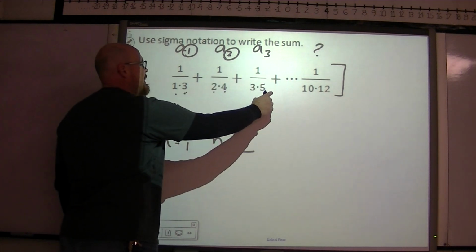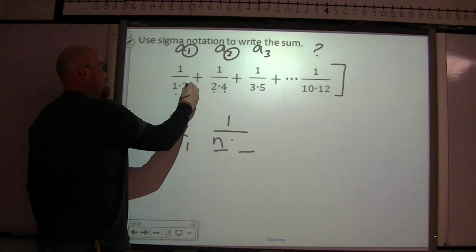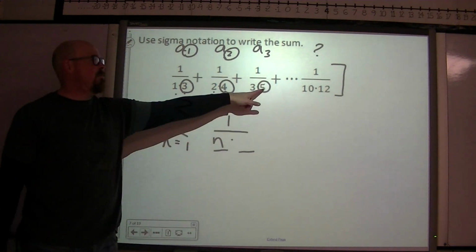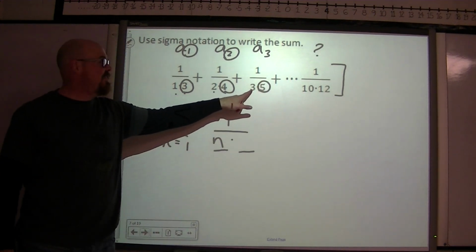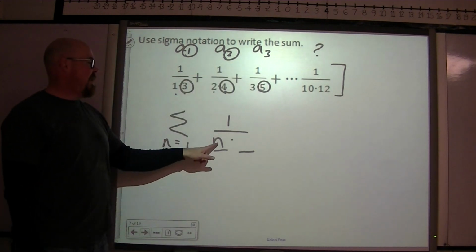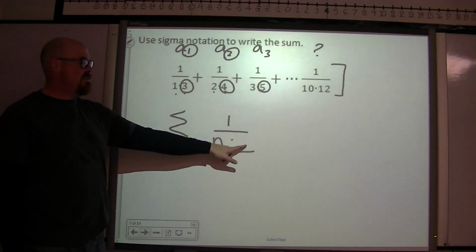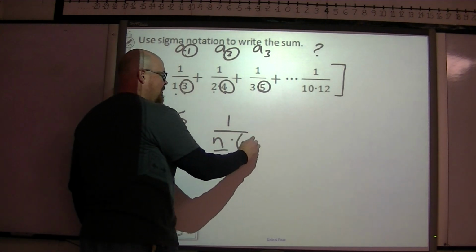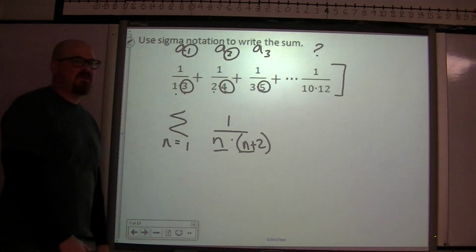What do I do to 3 to get 5? So how am I getting this second number in each one of these? This number is always 2 more than that, and that's the same as that number. So if I plug an n here, this number has to be 2 more than that. I'll call this n plus 2.